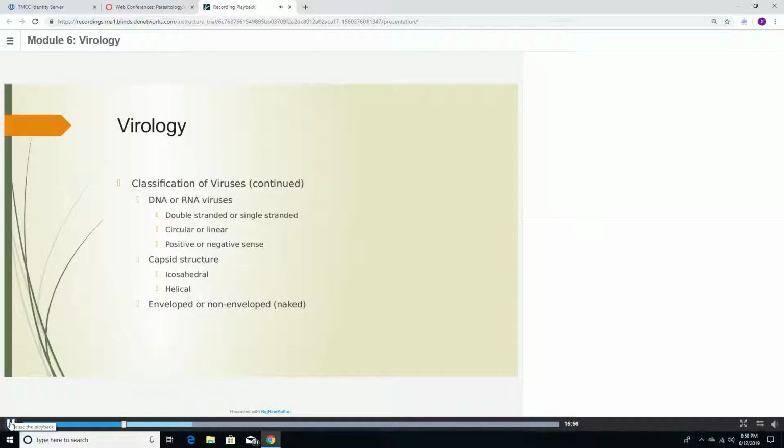The genus would be herpes simplex virus 1 and 2. Other viruses in that family could be varicella zoster, Epstein-Barr, cytomegalovirus, and so on. And this family, Herpesviridae, are double-stranded viruses, and they're also enveloped. So if we can classify our viruses into a family, then we can figure out if they're going to be double-stranded like the other viruses in that family, or if they're going to be enveloped or not enveloped.